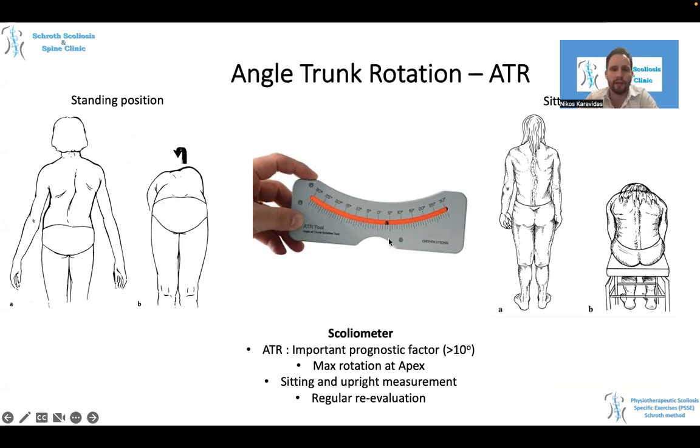To measure with the scoliometer, you put the curve of the tool just above the spinous processes, and going down the spine, you keep the highest value of measurement. We know that the angle of trunk rotation is an important prognostic factor, and the maximum rotation is at the apical region. It is recommended to make a regular re-evaluation. I would say at least once a month you need to measure your patients, or maybe even once every 2 weeks, to have a proper follow-up.